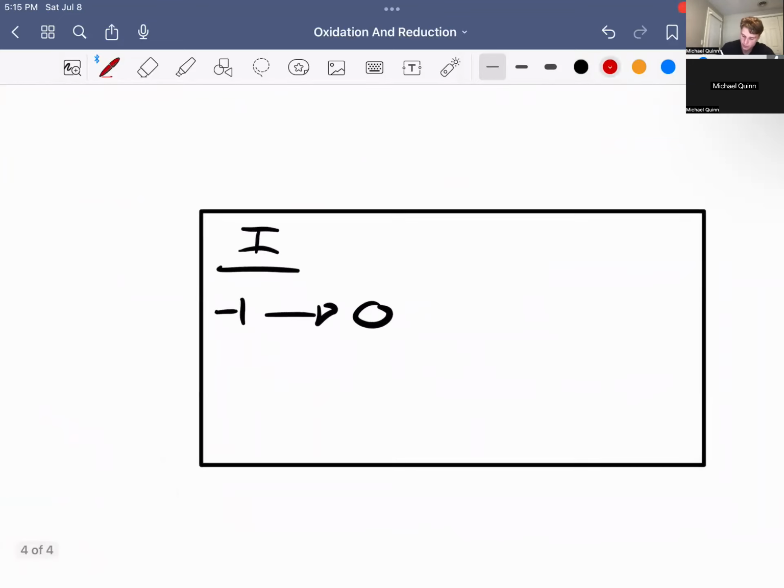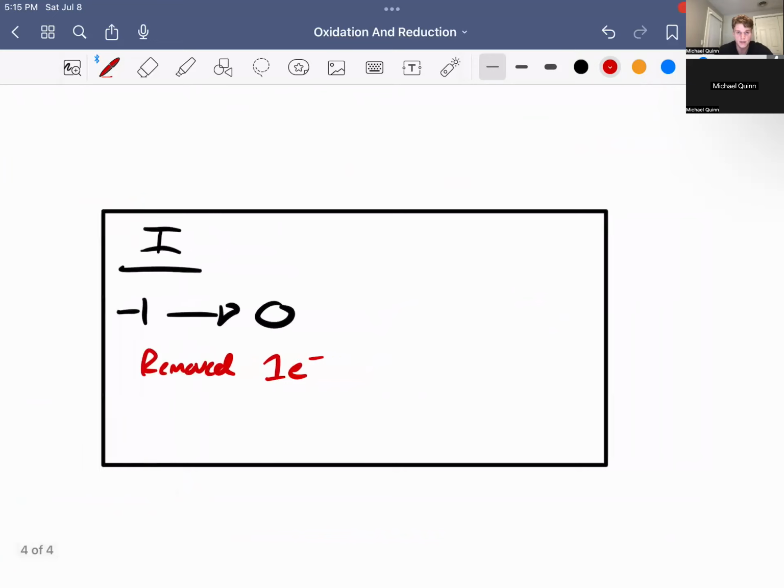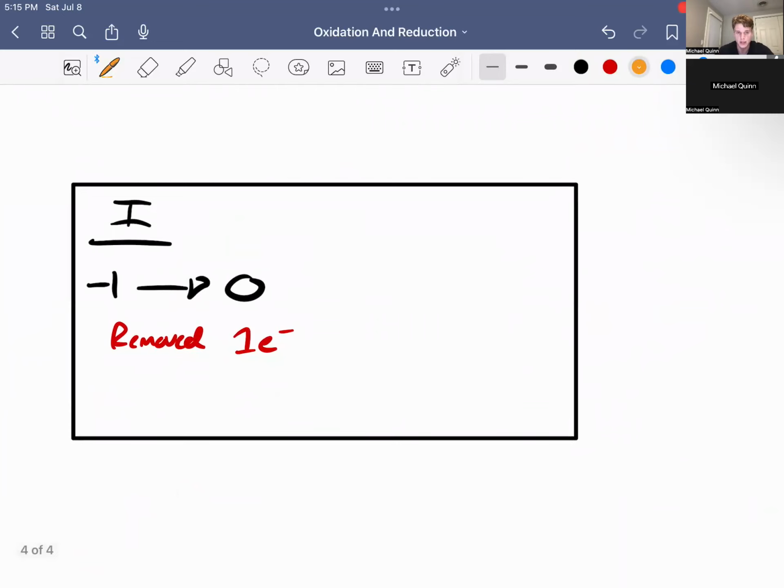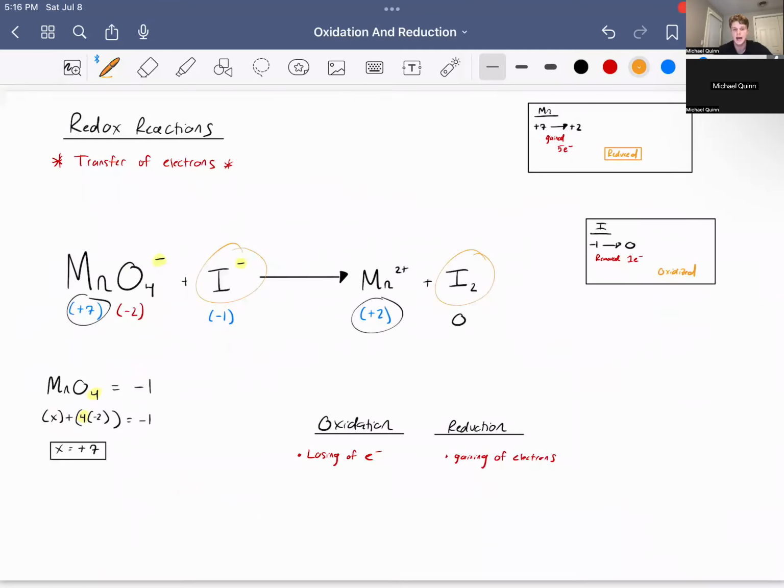So we must have removed 1 electron. If we start with -1 and we want to get to 0, we would have to remove 1 negatively charged thing, which is 1 electron, to get to an oxidation state of 0. So because we removed electrons, iodine lost electrons or got oxidized. So we now successfully decided which atoms in our reaction get reduced and which one gets oxidized.